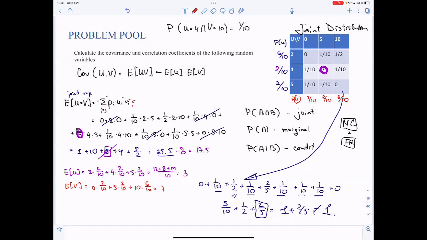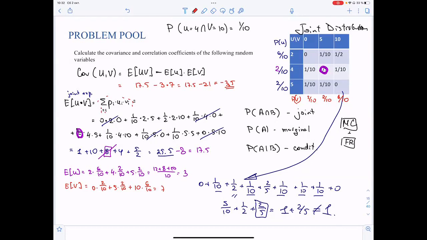Great. And now we may calculate the covariance. So it's 17.5 minus 3 times 7. So it's 17.5 minus 21, and it appears to be minus 3.5. This is the value of covariance.